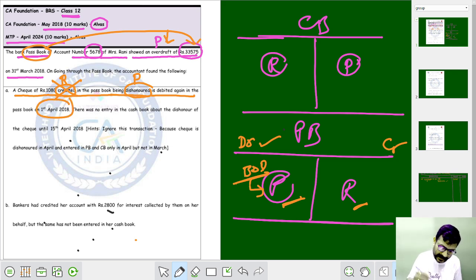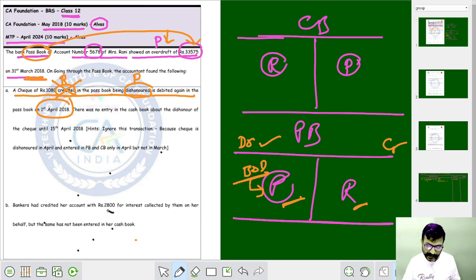See, my dear kids, when it is dishonored, when it is debited, dishonored on 1st April 18 means not dishonored in our financial year ending 31st March 2018. It is not dishonored in March 18. It is dishonored and debited in the next financial year.